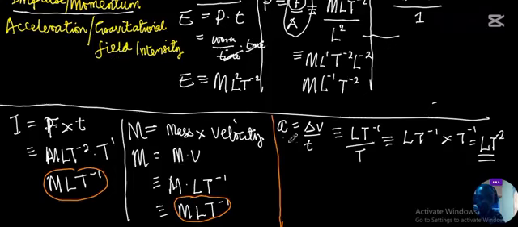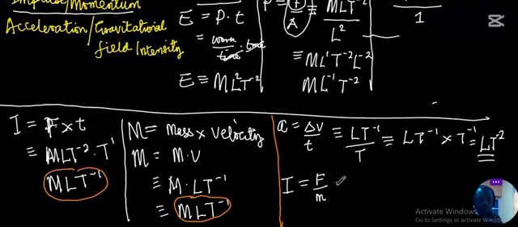Now lastly, we go to gravitational field intensity. Gravitational field intensity I is equal to the force per unit mass, so F over mass.